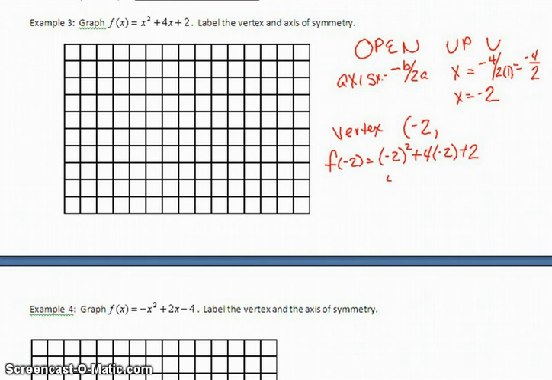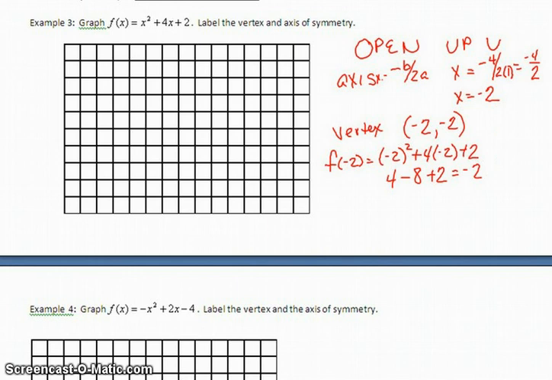Negative 2 squared is a positive 4. 4 times negative 2 is minus 8, plus 2. 4 minus 8 plus 2 is negative 2. So my vertex is (-2, -2).